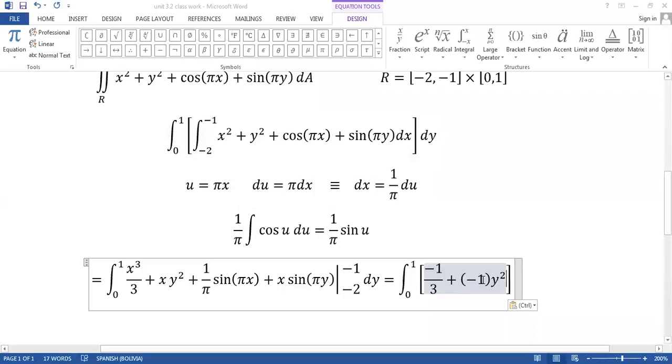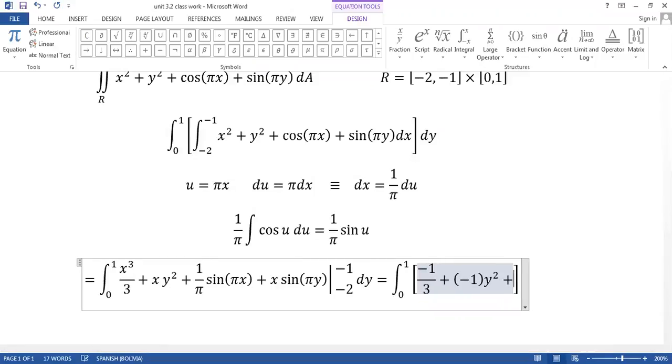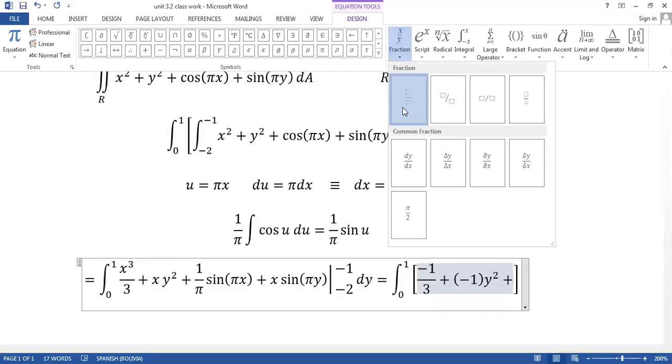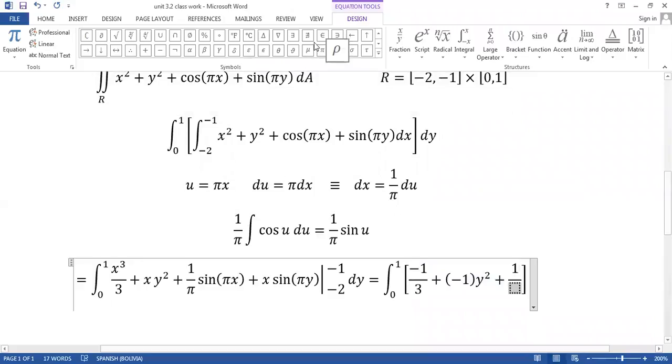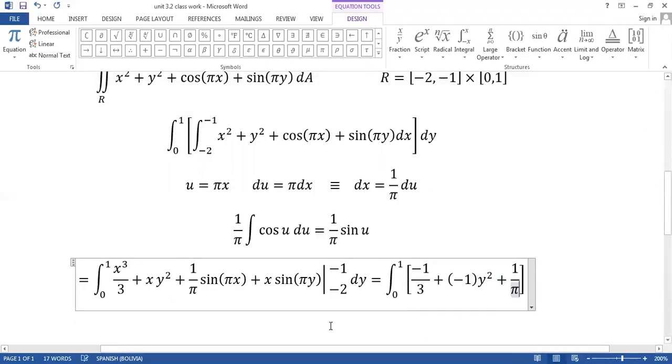Okay, so we did our -1 times y squared. Okay, let's continue. 1 over pi sine x.